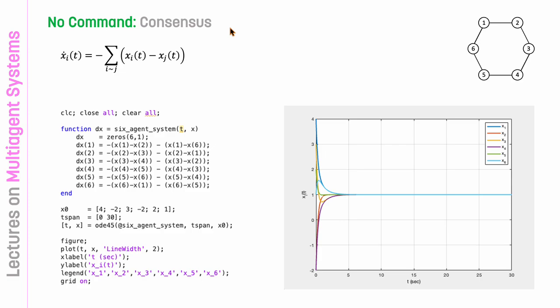Today, I would like to start with a brief overview of this consensus and synchronization dynamics, and then say a few important words about what happens when you have multiple commands, multiple different types of command interacting with your multi-agent system.